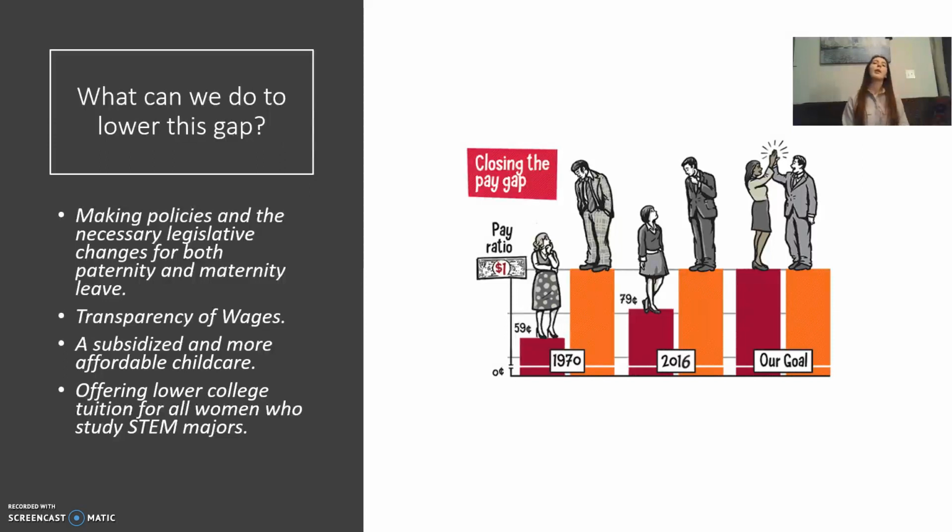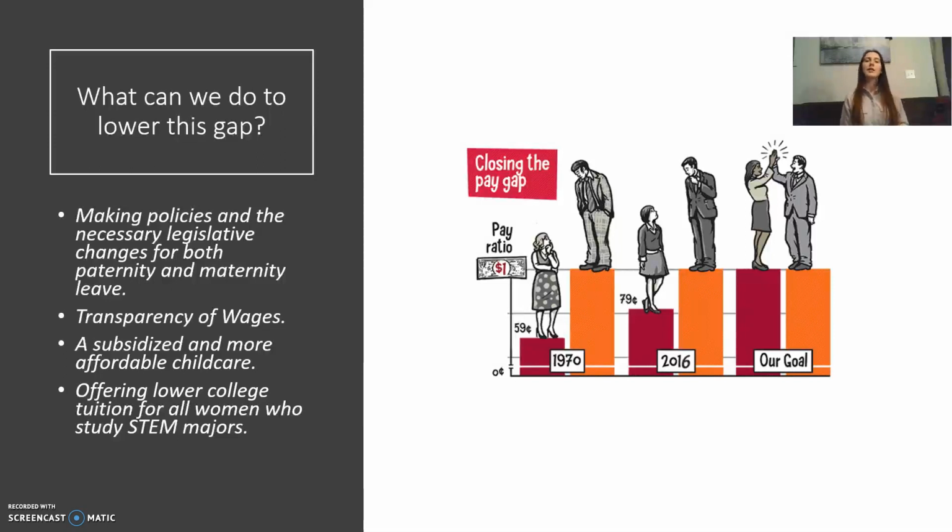What if we applied this law to all industries, in all private companies and corporations? This would not only lower the gap, but would make it easier for women to ask for raises more often and negotiate their salary according to their market rate.